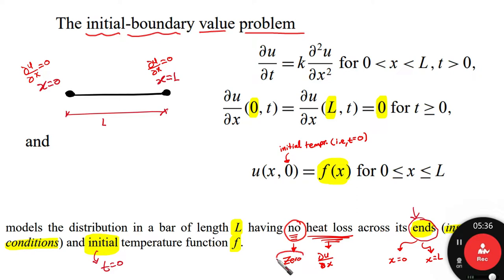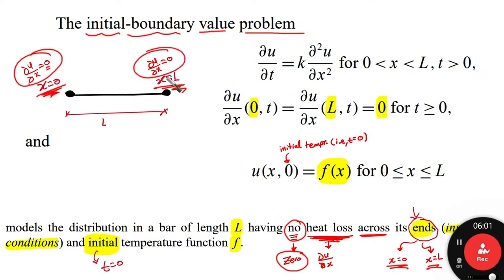No means zero. Heat loss means partial u partial x. We are talking about the ends, x equal to 0 and x equal to L, so at both of them partial u partial x equals 0. That's the meaning of what we are talking about here.